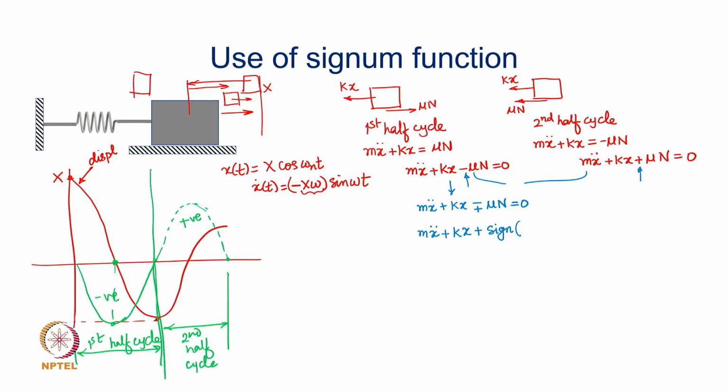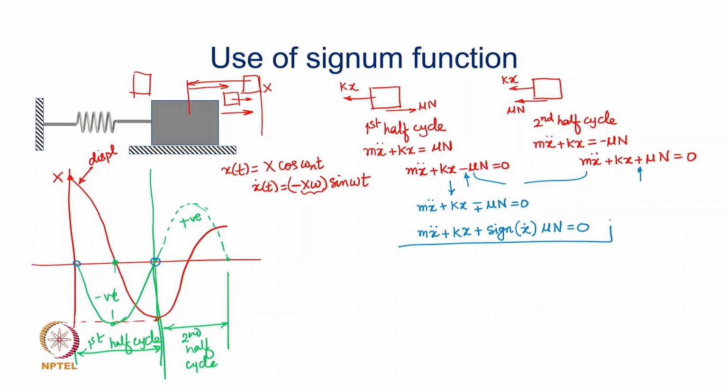Why? Because in the first half cycle the displacement flips from positive to negative, so it is not always positive in the first half cycle. But velocity is definitely continuously negative in the entire first half cycle, and therefore I can use the sign of the velocity times mu N to represent the entire oscillation.